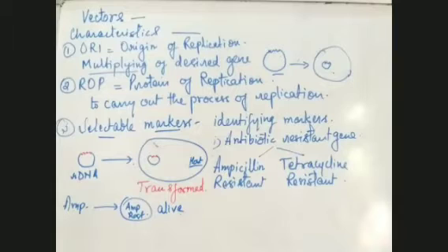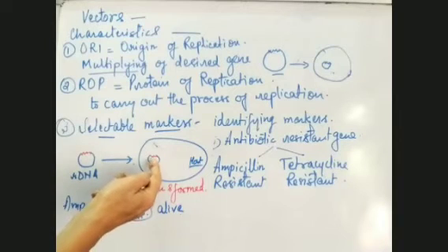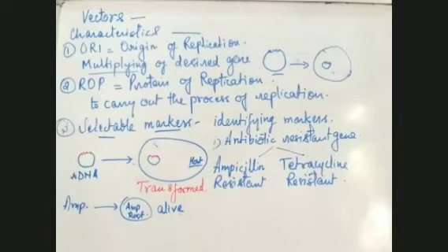That means there is a gene which helps it develop resistance against ampicillin. If this prokaryote, in which the desired gene has been introduced, is given ampicillin, it will not die because it has the ampicillin resistant marker.